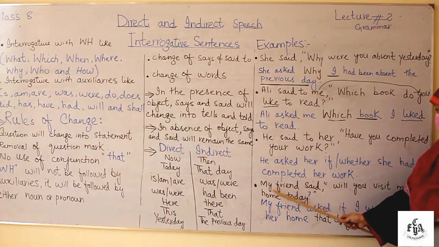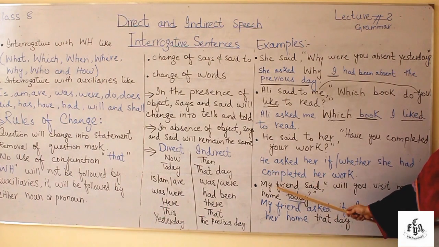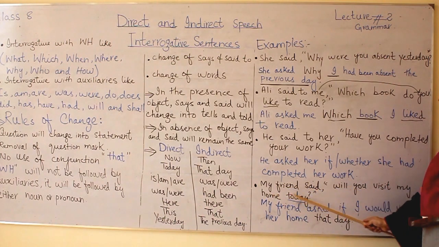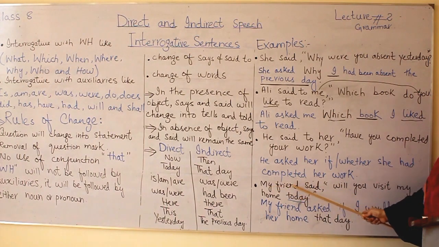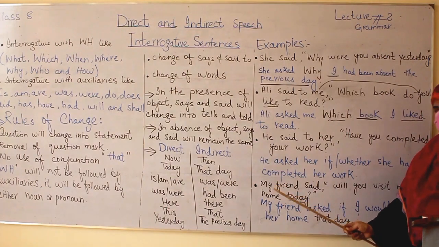Next example is my friend said. Again, I did not mention an object in the reporting speech. My friend said, will you visit my home today? Again, I used the auxiliary will. So here what you have to do: my friend asked, because we are not having any object, we are not going to use any object here.